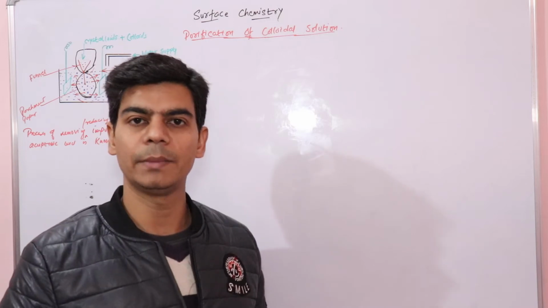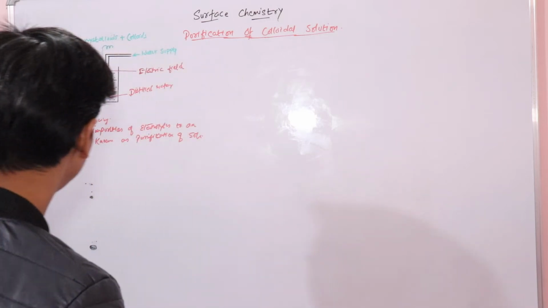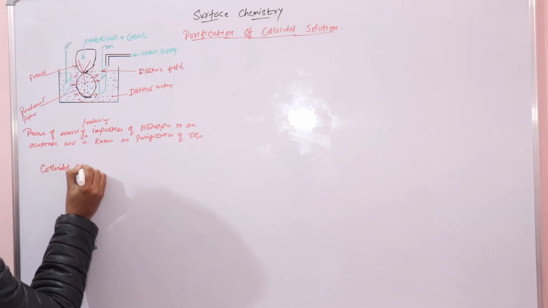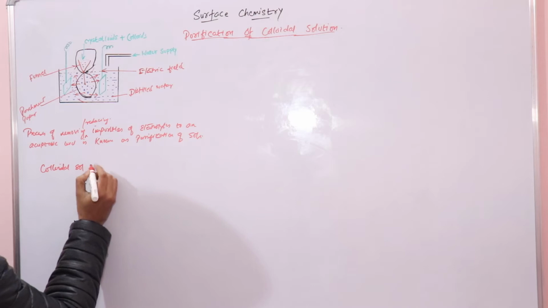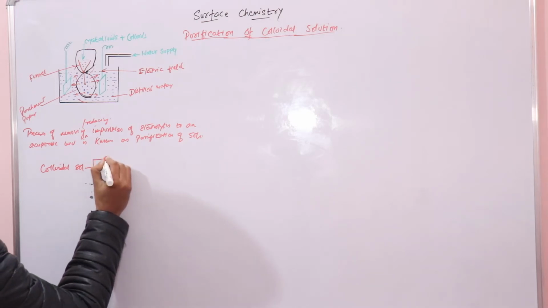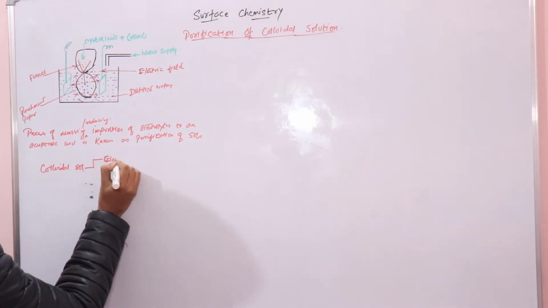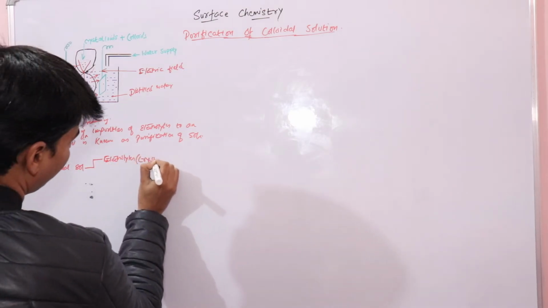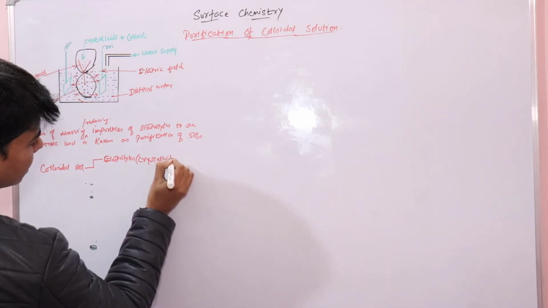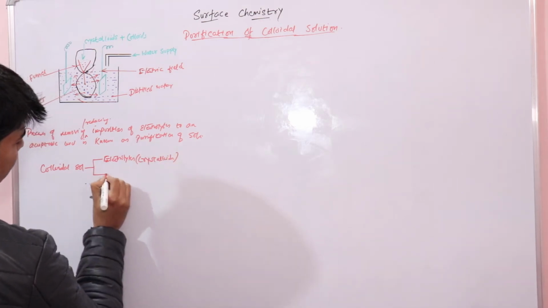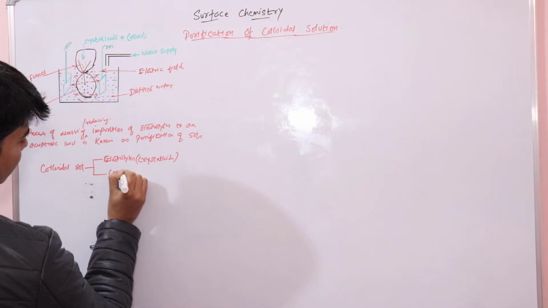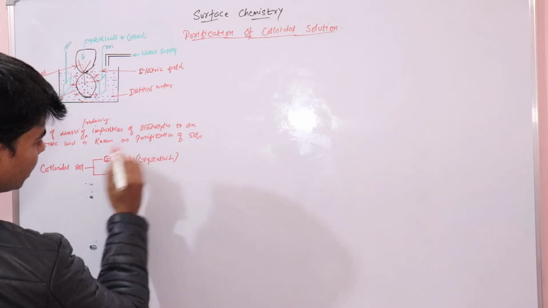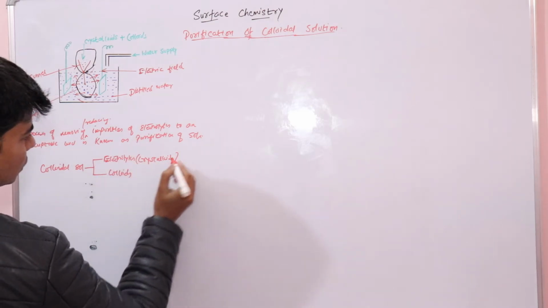How do you do it? Like the Thomas Graham experiment, the colloidal solution consists of electrolytes, which are crystalloids. Since these are crystalline in nature, we call them crystalloids. And we have particles of colloids, which are bigger in size compared to crystalloids.